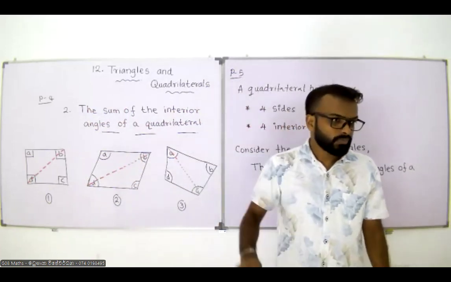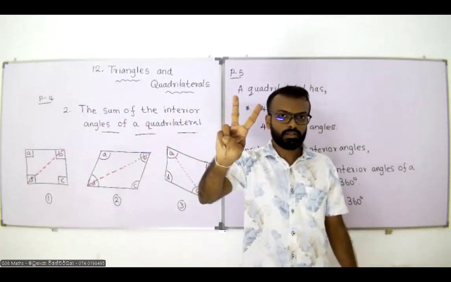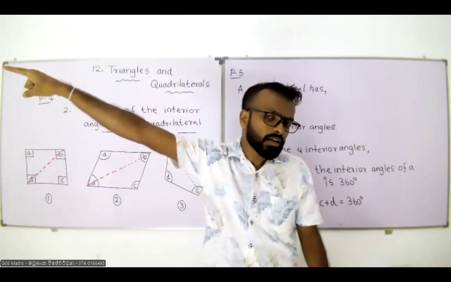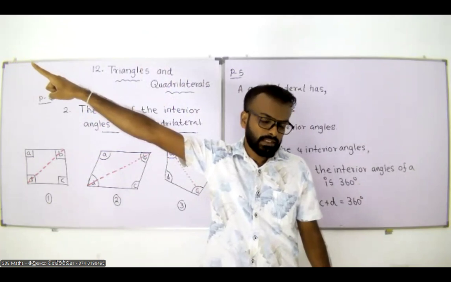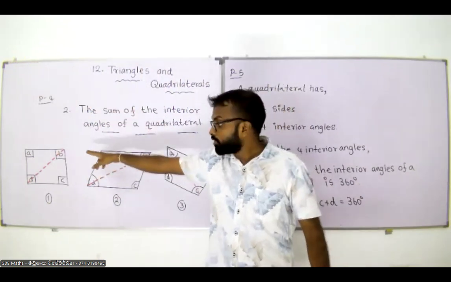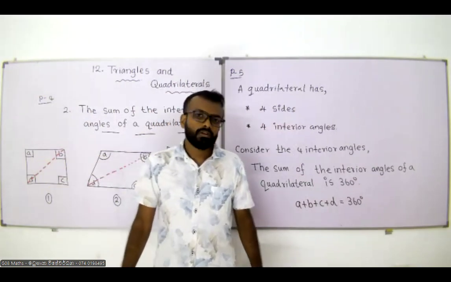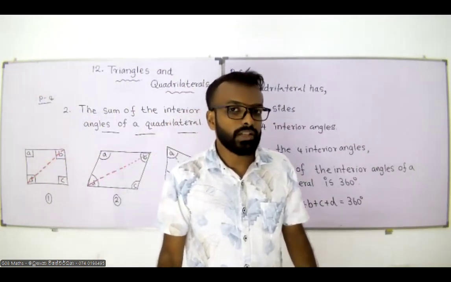Two triangles, right? So you know the interior angles of a triangle sum to 180. Now if you have two triangles here, how many interior angles should be there?